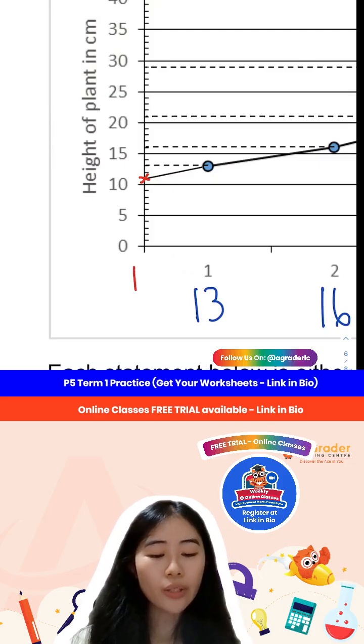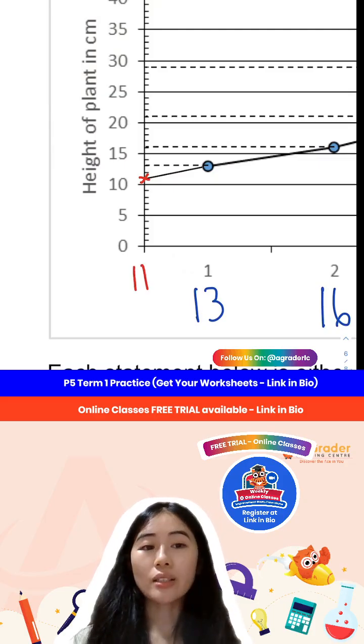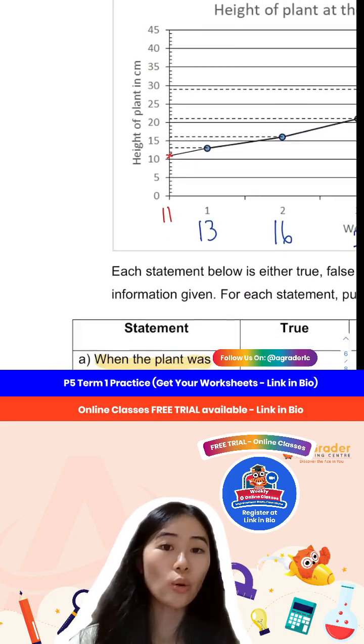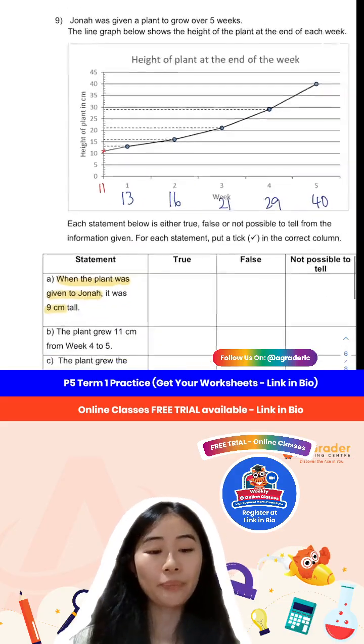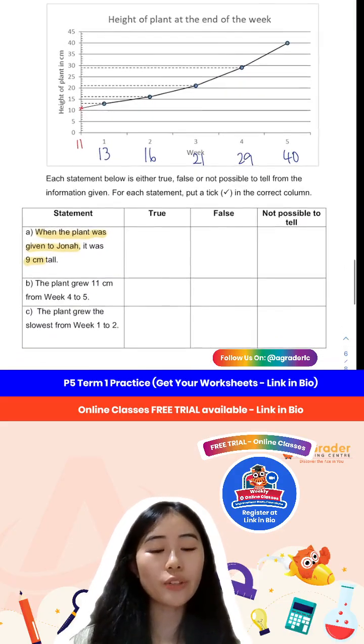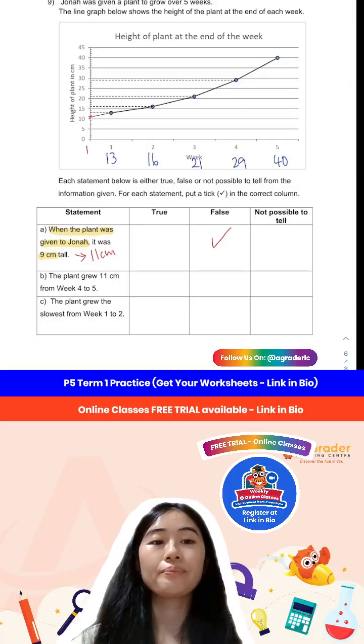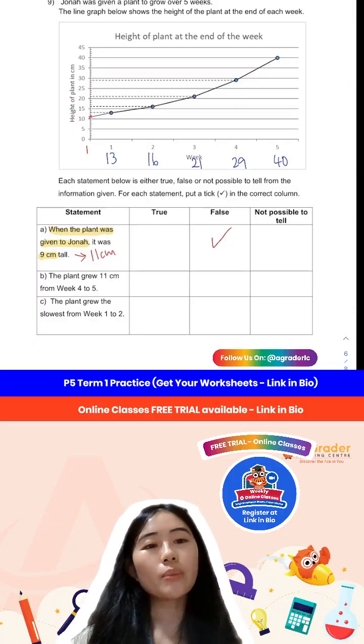That value is actually 11. Foxy, you're right. When Jonah received the plant, it was 11 cm. So you can prove that the first statement is false because it is not 9 cm, it is 11 cm. So the first statement is false.